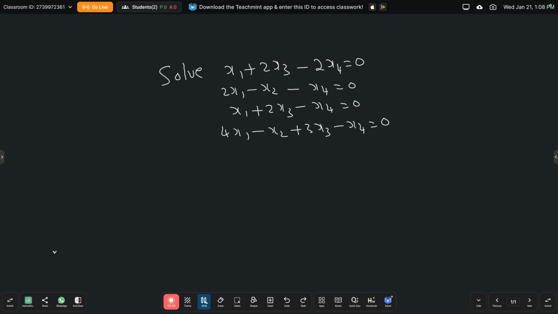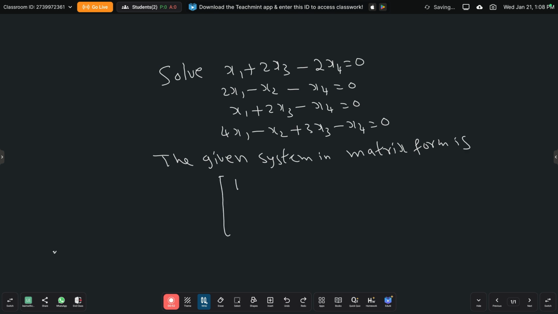Now, first of all, we represent the given system in the matrix form. So, the given system in matrix form is: the coefficient of x1 is 1, x2 is not there, so 0, coefficient of x3 is 2, coefficient of x4 is minus 2.